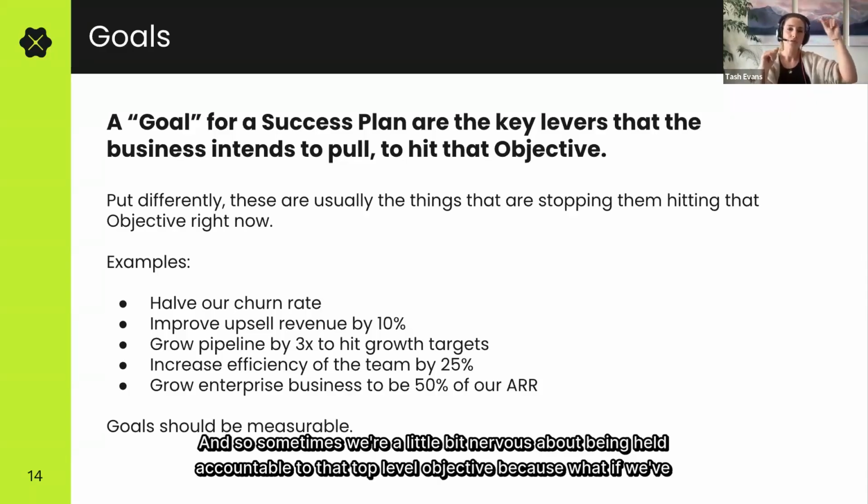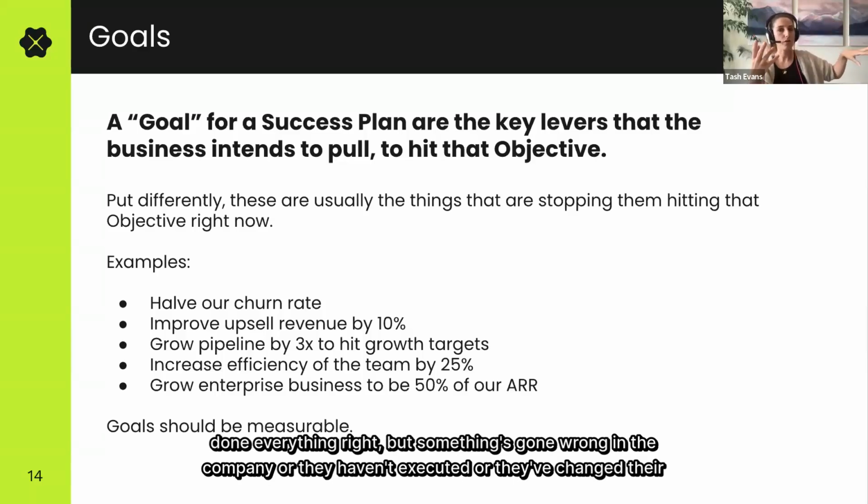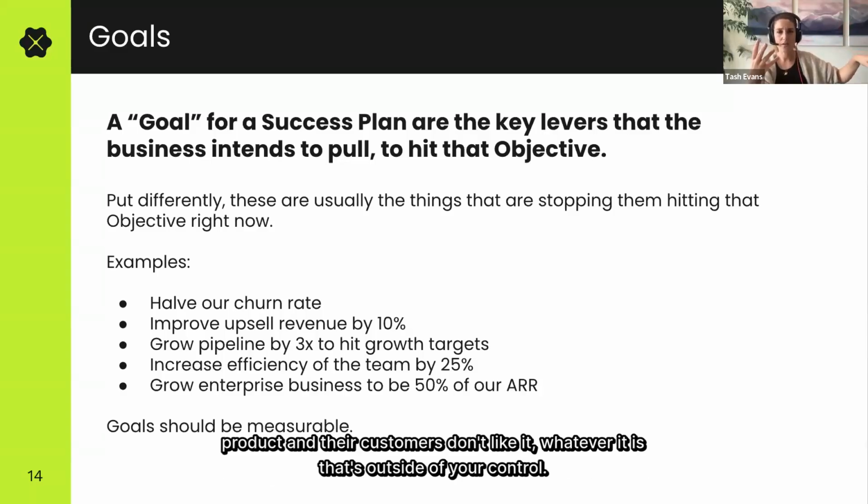And so sometimes we're a little bit nervous about being held accountable to that top level objective because what if we've done everything right, but something's gone wrong in the company, or they haven't executed, or they've changed their product and their customers don't like it, whatever it is that's outside of your control.